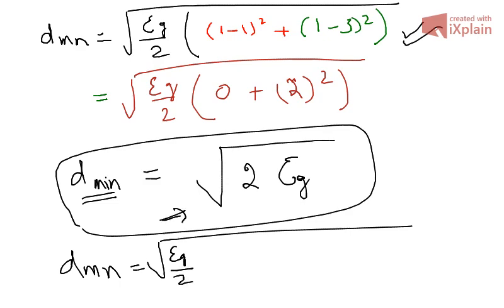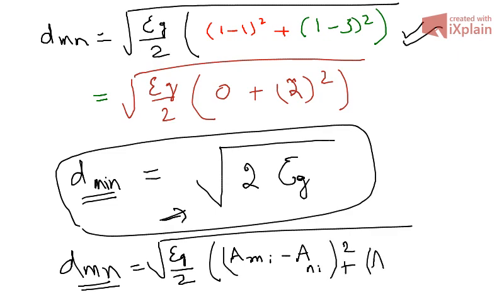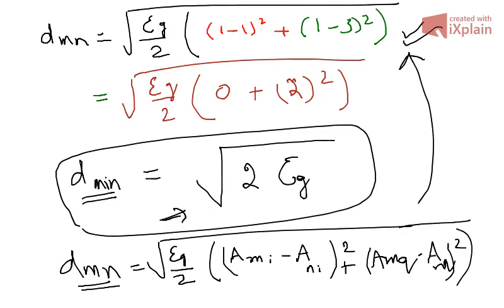We use this to find out the Euclidean distance between 2 points Sm and Sn. We can use the expression which we derived, (Ami minus Ani) square plus (Amq minus Anq) square. So we used this expression, and this is the same as this one.